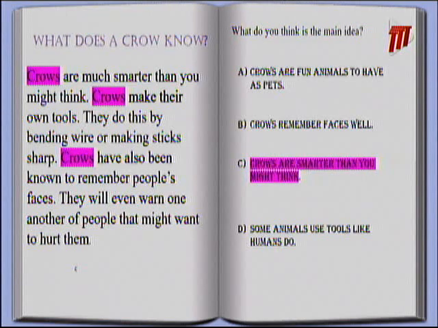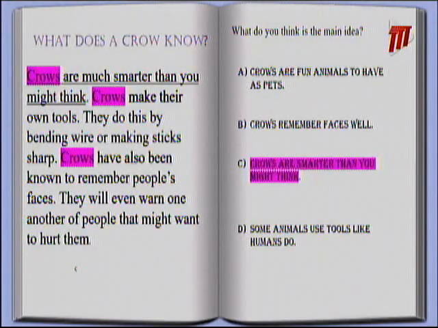And every little bit inside this piece, it repeats that idea over and over. Crows, crows, crows, they are smart. And as I mentioned initially, crows are much smarter than you might think is the first line. And in this case, this is one of the instances where the first line is your main idea. It's not always the case, but it is usually part of the truth.